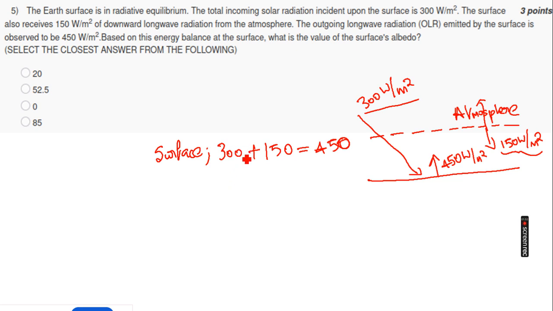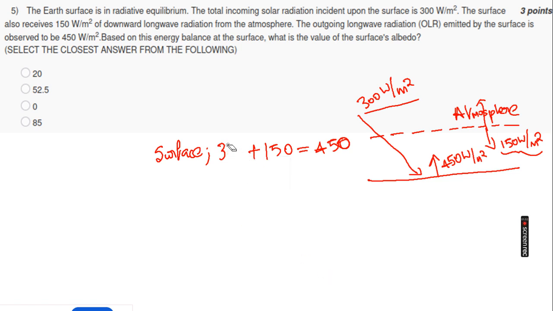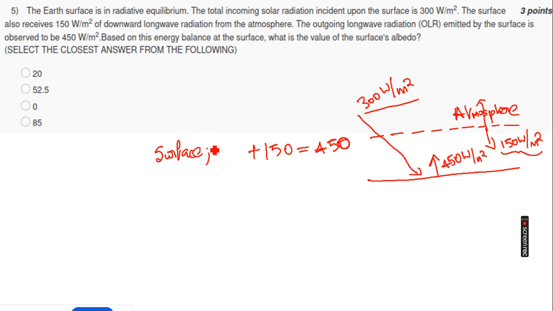It will be 300 into 1 minus alpha. So, what will be the value of alpha?